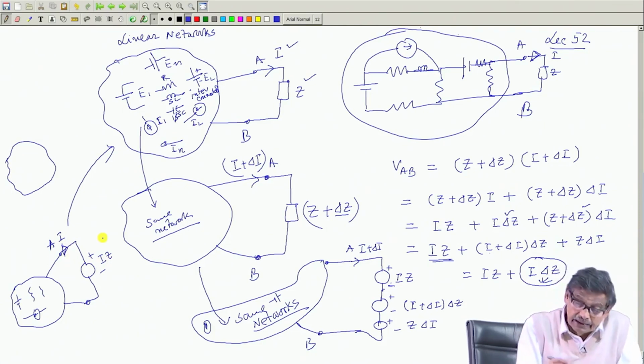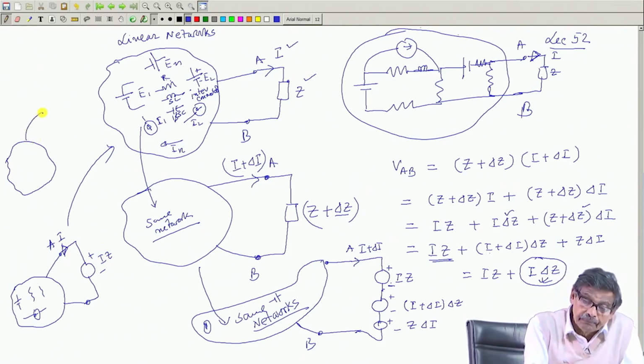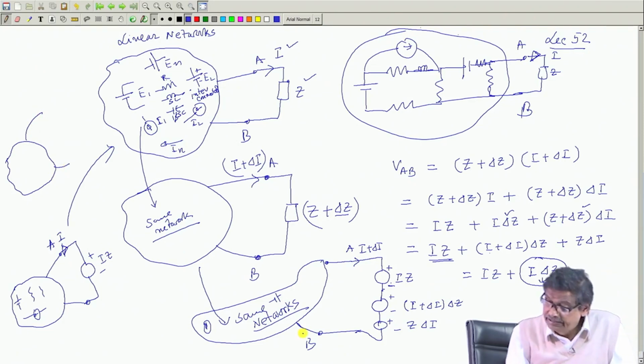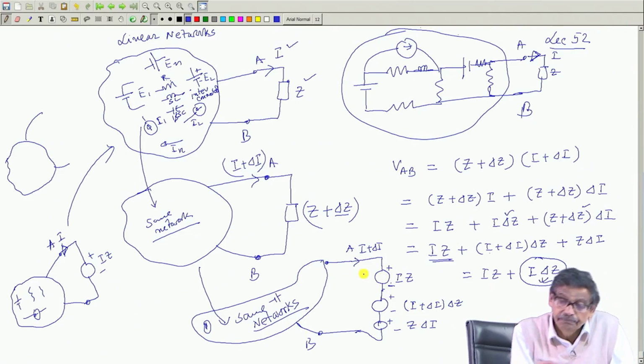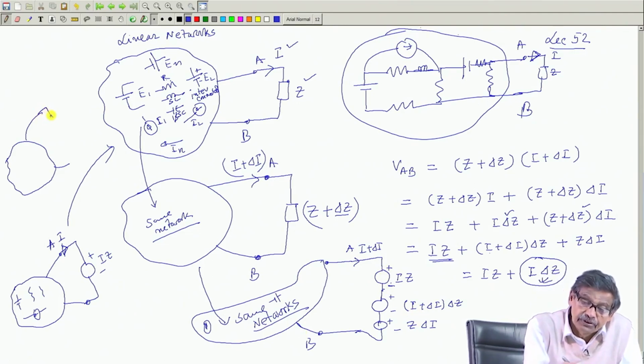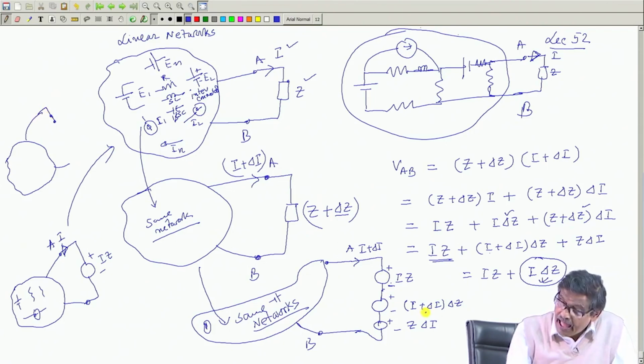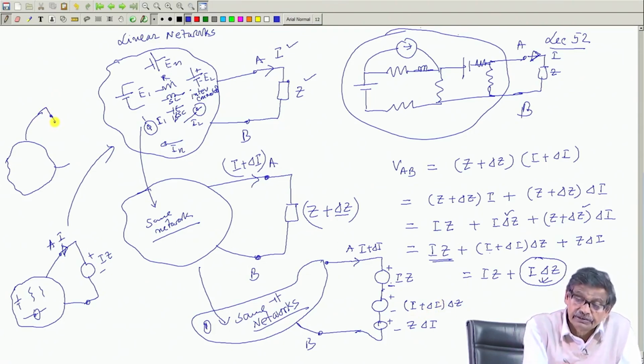Okay. Then I will say only these two sources are present and this is shorted. So, this I will short and these two sources are present. What are these two sources?